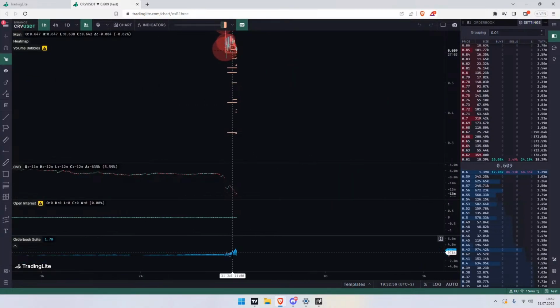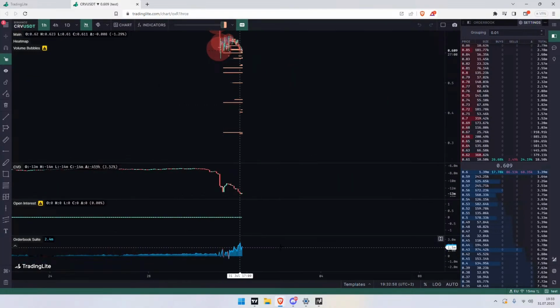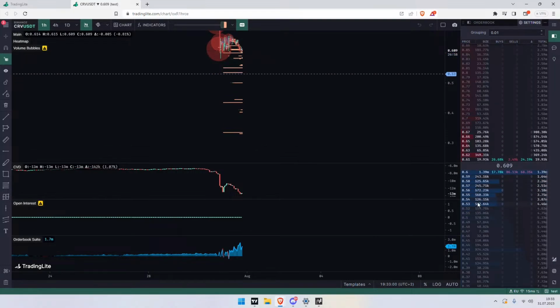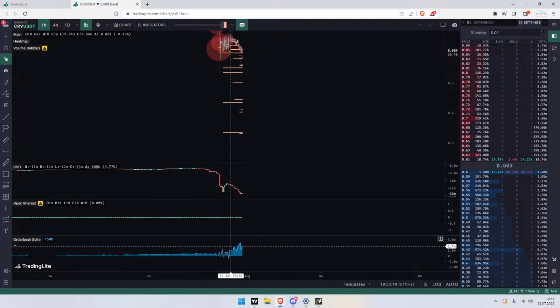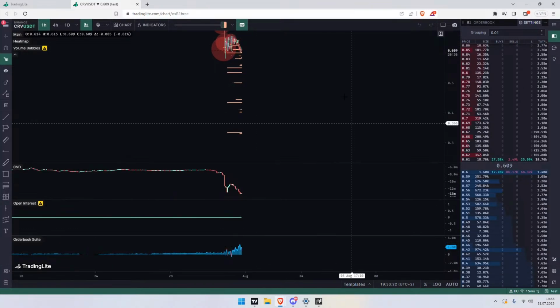This is now heavily skewed on the buy side, and you can see how much size is sitting on the bid compared to the offer. It really just starts under the lows, like 0.53 to 0.5 is where this size is, and there's a huge difference between buyers and sellers.